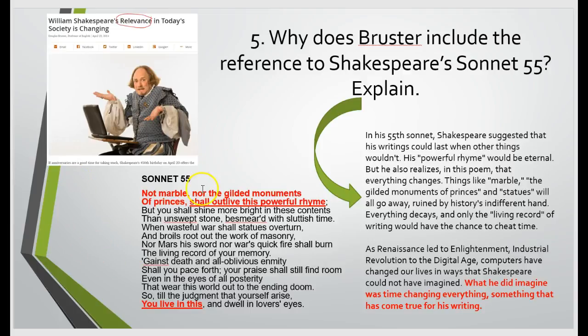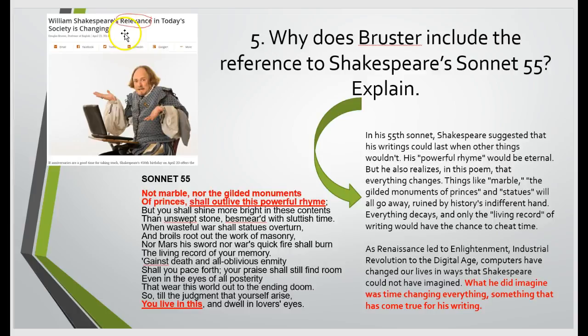Well, Sonnet 55 addresses the idea of relevance and change. And this is absolutely why the author would include the reference to this particular sonnet. Shakespeare wrote 154 sonnets and 37 plays, so it's good that you're looking at one here. But notice how these 3 things work together.